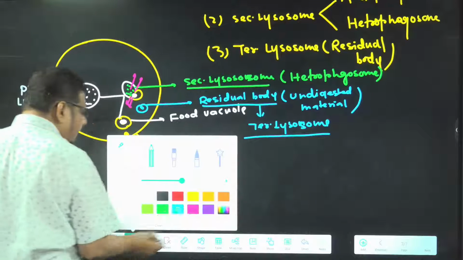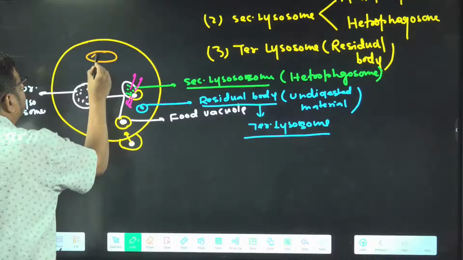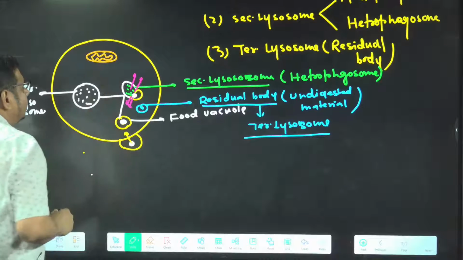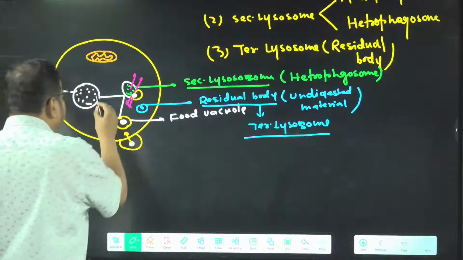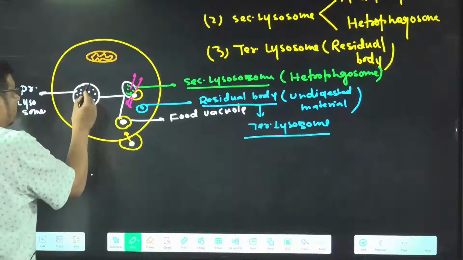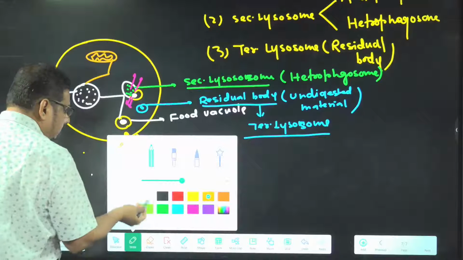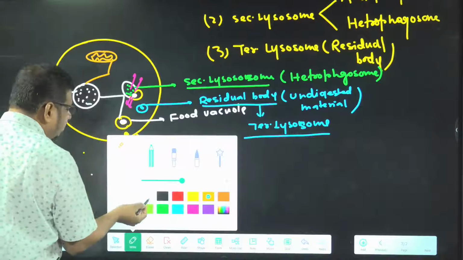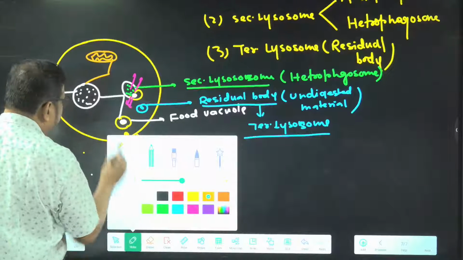Now suppose that in this cell there is an old mitochondria. Another possibility is this: the lysosome fuses with the mitochondria. It's not like the lysosome is only one. So this lysosome fuses with which one? Mitochondria.